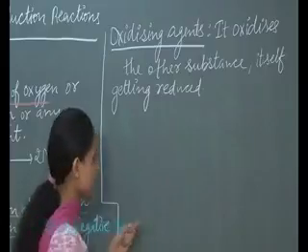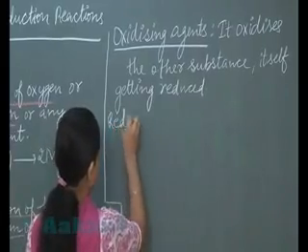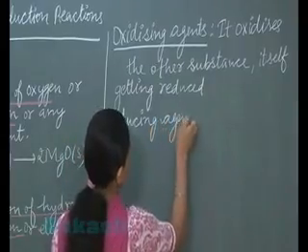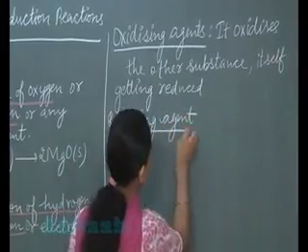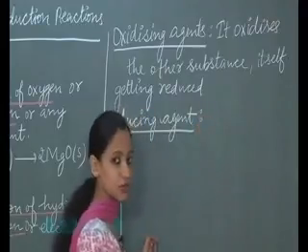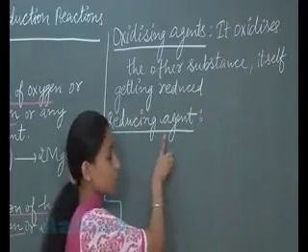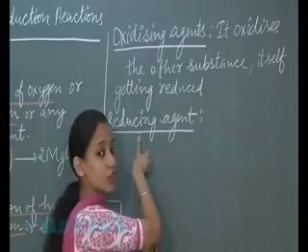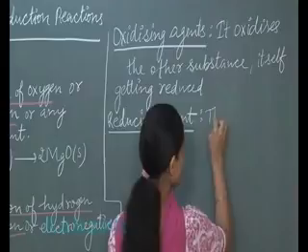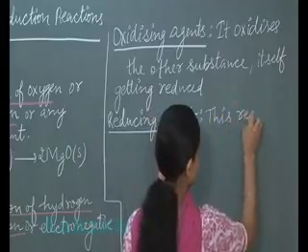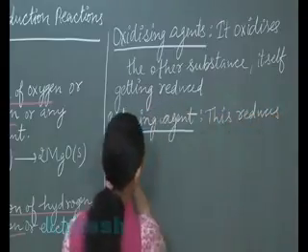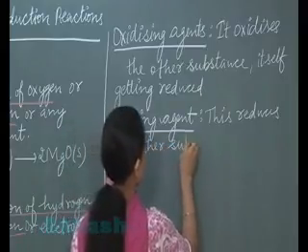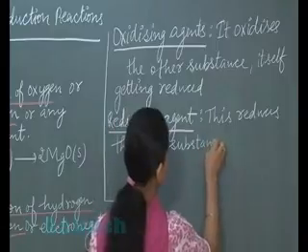Now what is the reducing agent? Students, this reducing agent works opposite to oxidizing agent. Now when it is reducing agent, it will work for somebody else. So that will be, this agent is actually reducing the other substance. This reduces the other substance, and what will happen to the reducing agent?